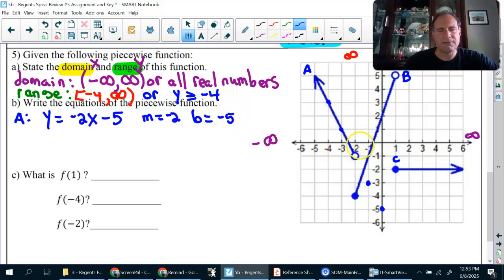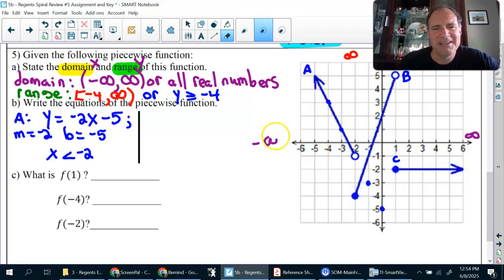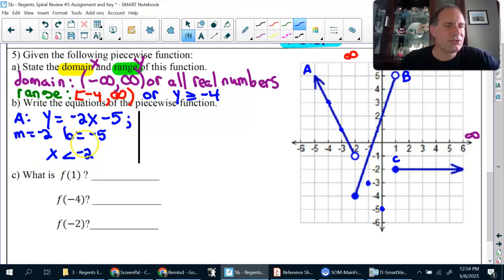And that's a piecewise function. I just didn't know how to fit it on the page, so that's the best way I could do it. So just to remind you, the slope is -2. The y-intercept was -5. The domain of this, remember the x, -2. So its x is less than -2, not less than or equal to, because this is an open circle.